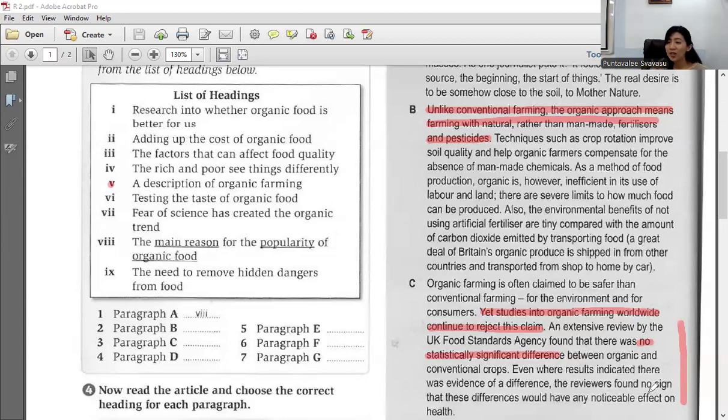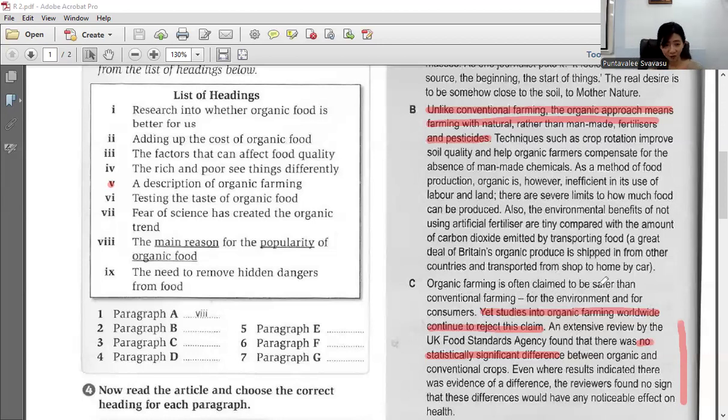So there is no difference between conventional farming and organic farming, or if there is, there will be no effect on health. The tone of it is not so positive for organic, isn't it? Because there's no difference. But if you look at these two paragraphs, the first one, organic farming is often claimed to be safer.